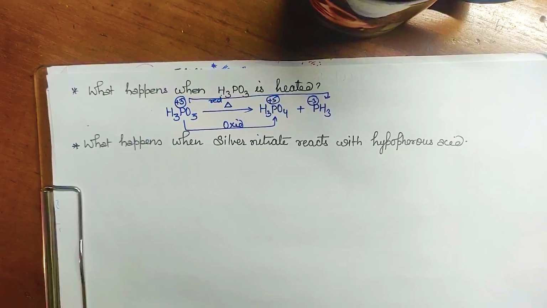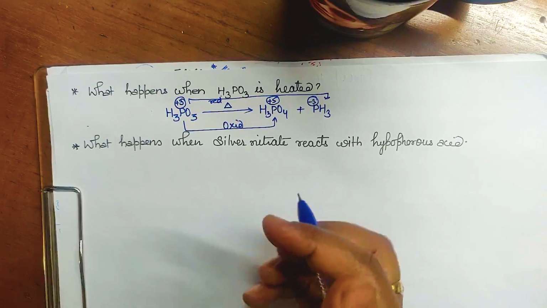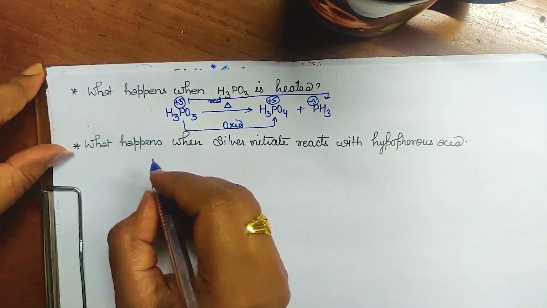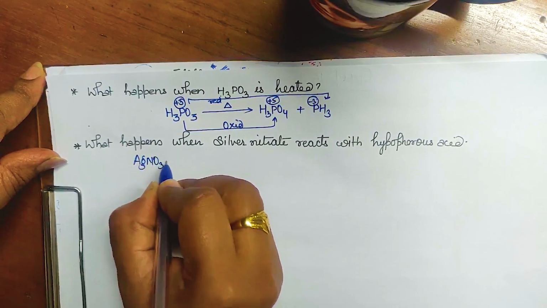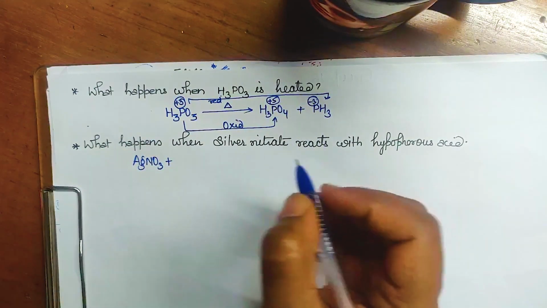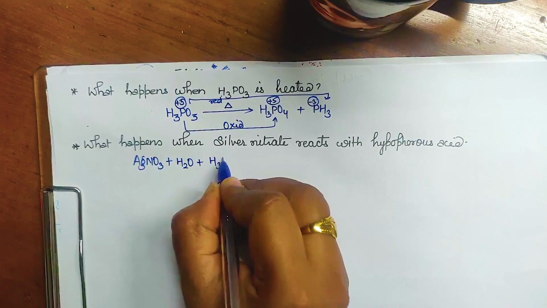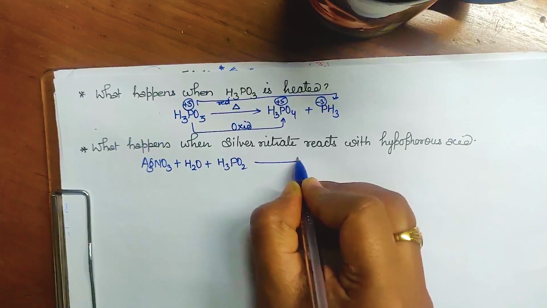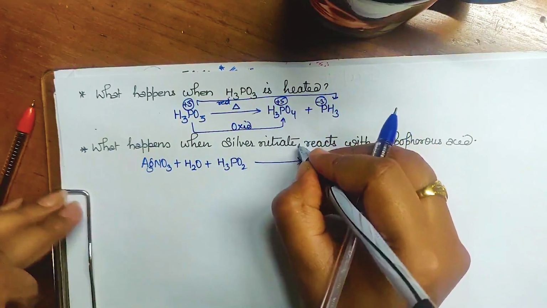Okay, and the last reaction. What happens when silver nitrate reacts with hypophosphorus acid? Silver nitrate formula you all know, it is AgNO3, and hypophosphorus acid is H3PO2. We always talk about solution, so we take water, H3PO2, and silver nitrate solution.